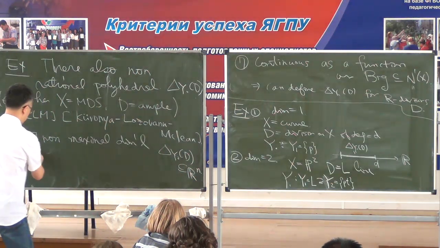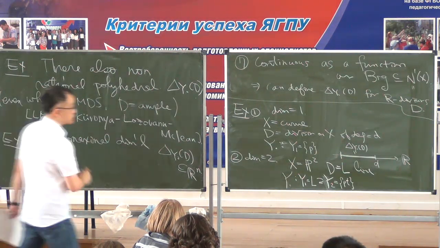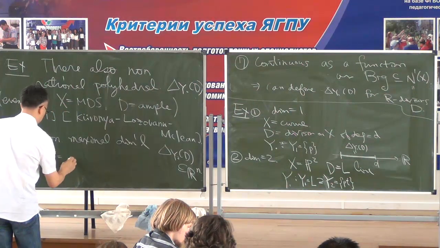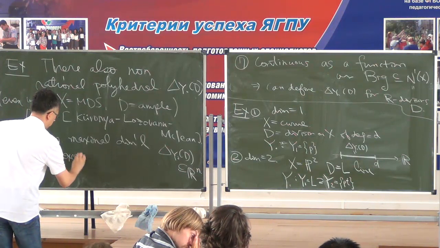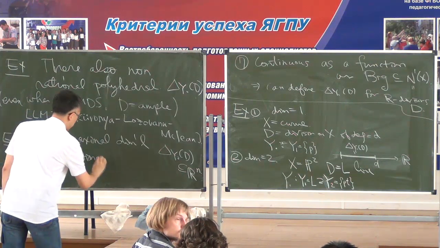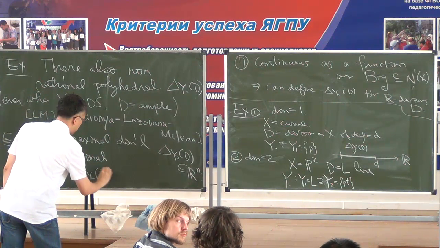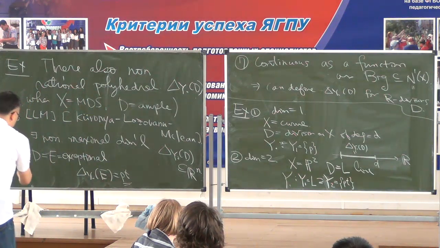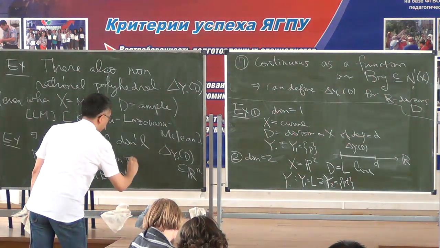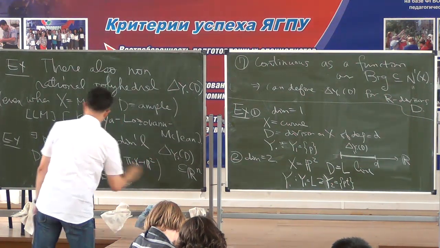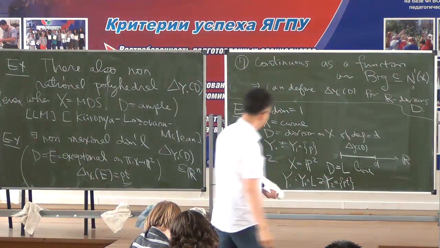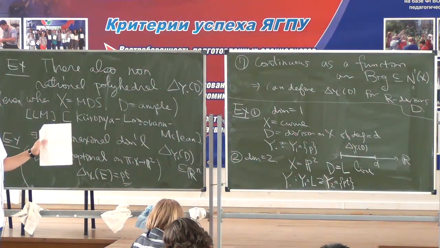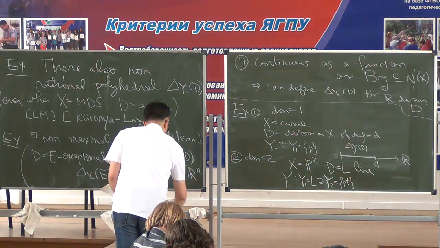For example, if you take the divisor D as the exceptional divisor in the blow-up, then your Okounkov body is just a point. Okay? So the shape of the Okounkov body is almost random. It can be almost any shape.